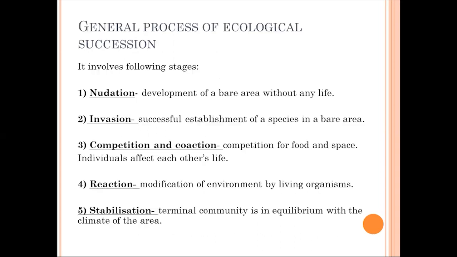So let us now discuss the general process of ecological succession. There are stages in which this ecological succession occurs. The first is nudation. Nudation means development of a bare area without any life. Now, a bare area or a barren land can be developed by n number of reasons, like soil erosion due to environmental factors like water, wind, or gravity.